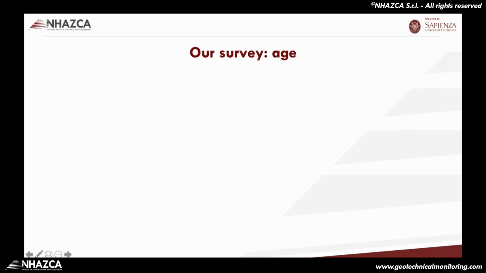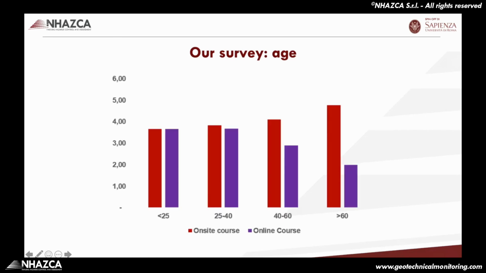What we did was the statistics about the preference of online or on-site course. Then, of course, I think you all agree that arranging an on-site course for the next months is not a good idea. But what is interesting to see here is the impact of the age on the preference for on-site versus online.